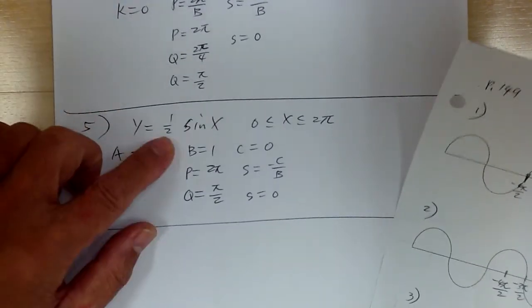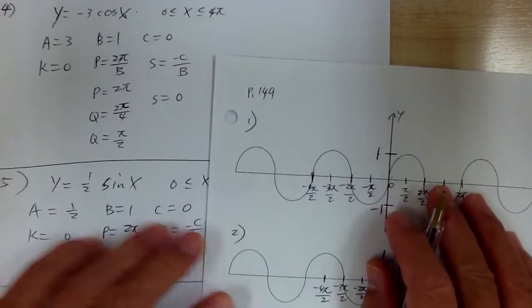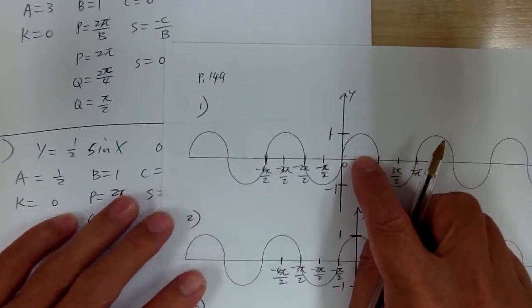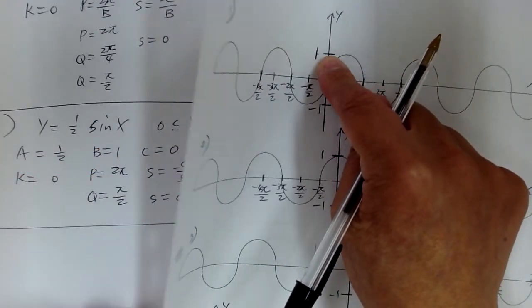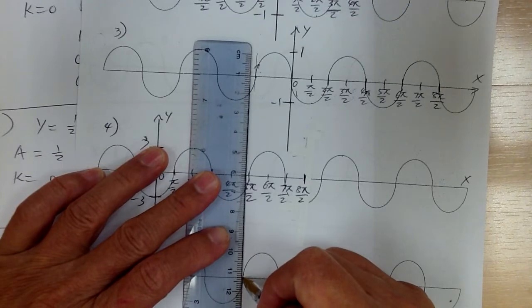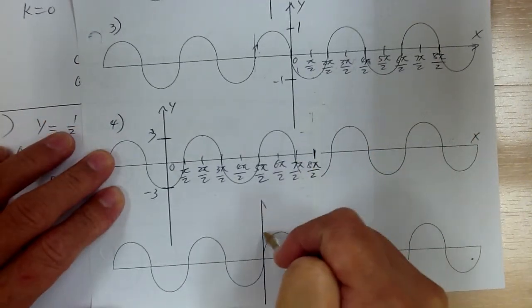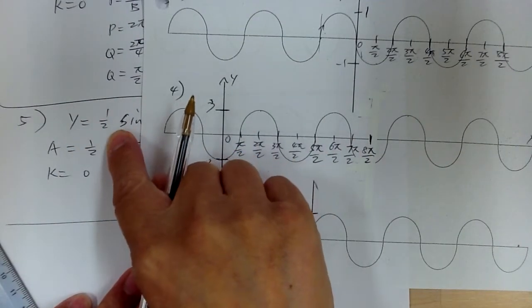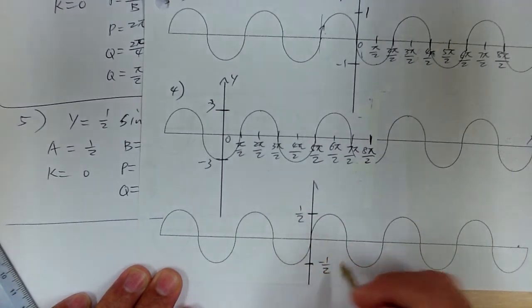So this is 1/2 sine x. If you compare to these, if you look at number 1, it's the same except the amplitude is half. So it's going to look very similar to number 1. Over here, amplitude is 1/2, so this would be 1/2, and this would be negative 1/2.